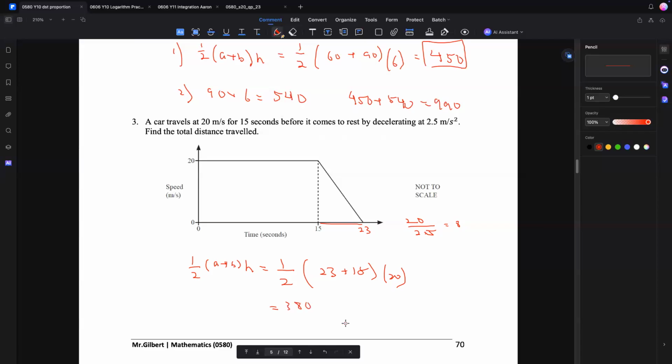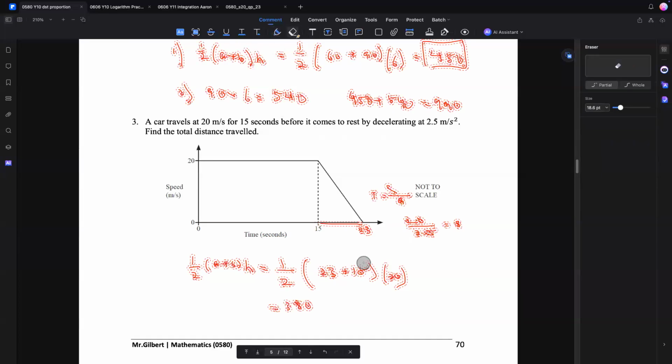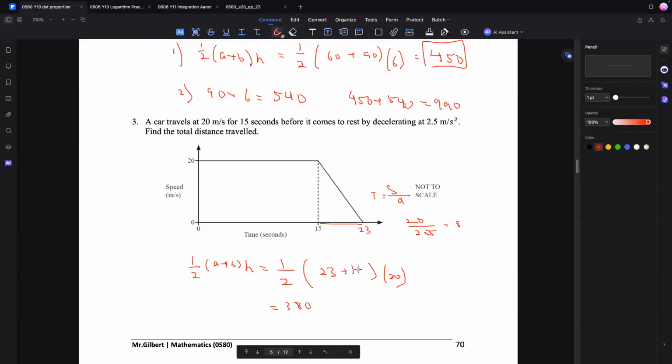Everyone got the same? Oh, 23 plus 15, sorry.